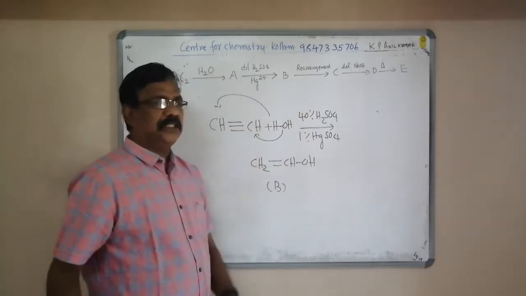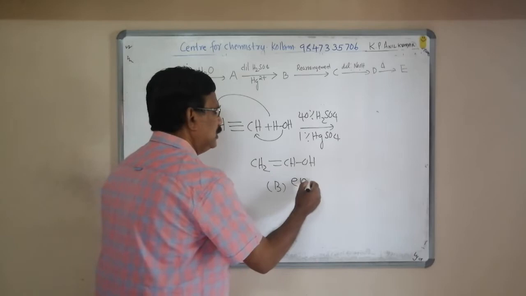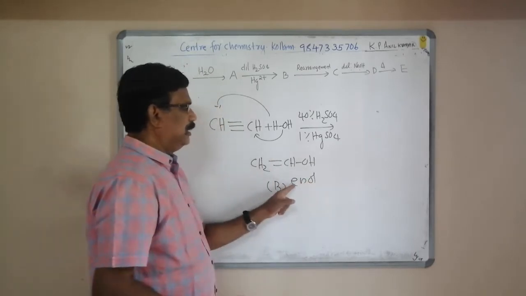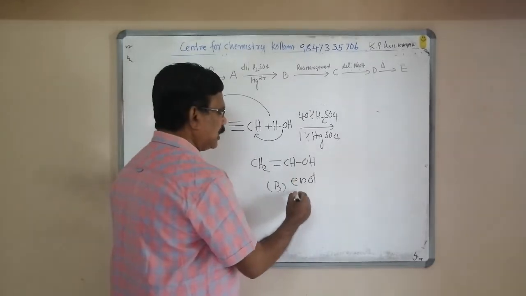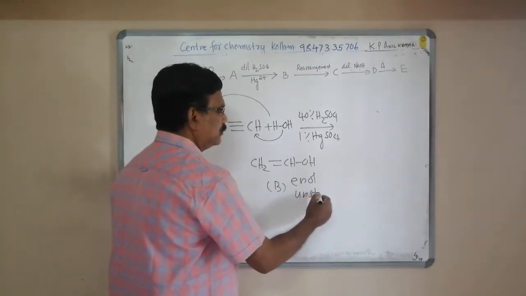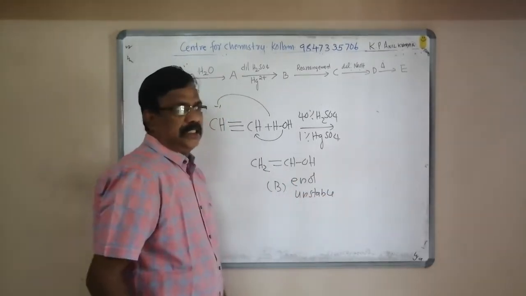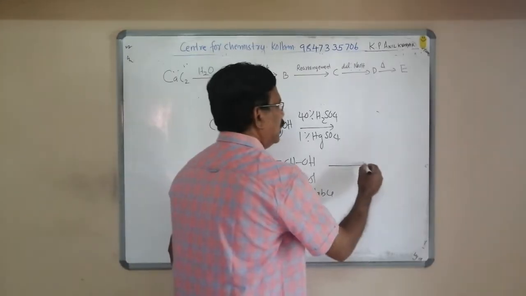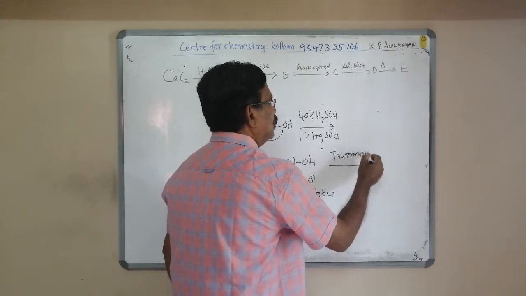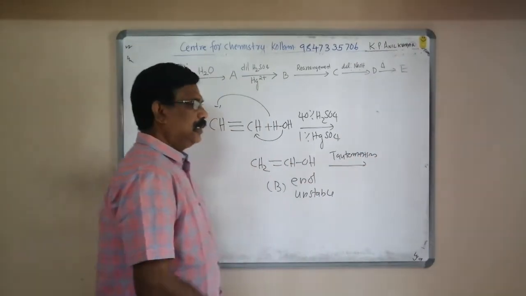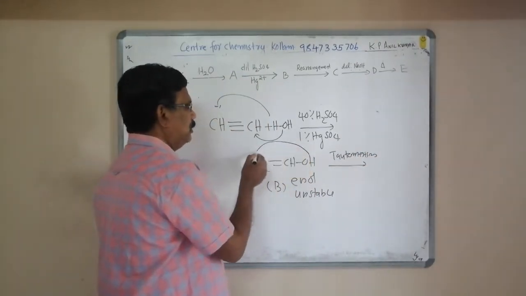And this is capital B, and this is highly unstable. It's an enol: ene, double bond alkene, ol, alcohol, OH. All enols are highly unstable. They rearrange, and the rearrangement is called tautomerism, a reversible exchange of a proton.